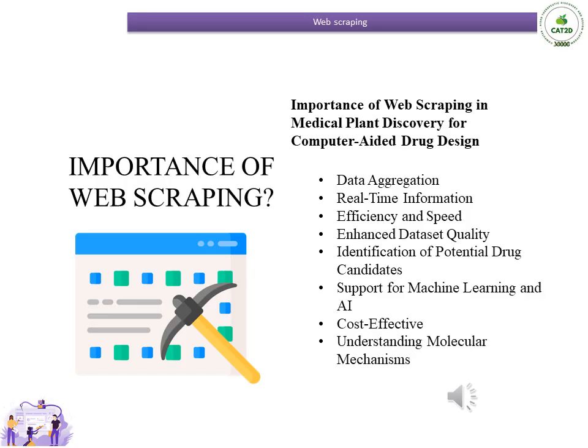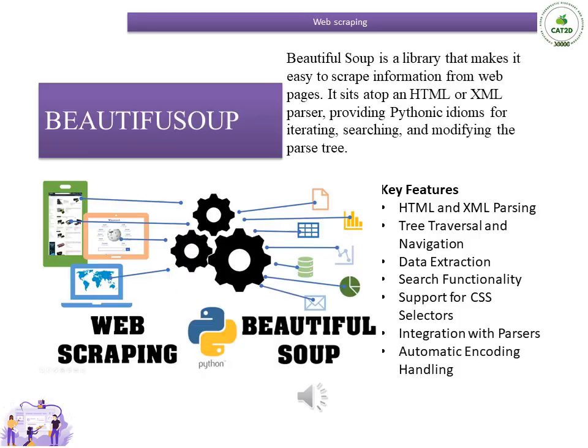And lastly, understanding molecular mechanisms. Web scraping can gather data on the molecular mechanisms of action of various plant compounds. This knowledge is vital for designing drugs that target specific biological pathways.